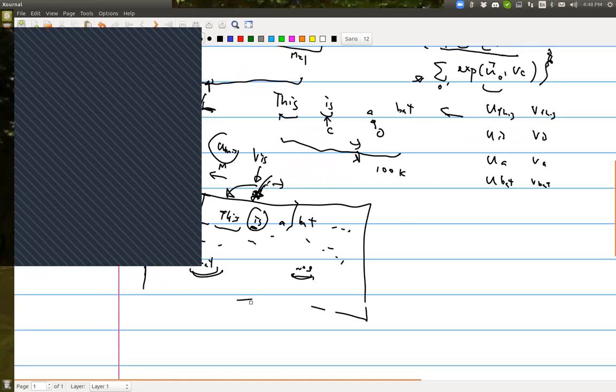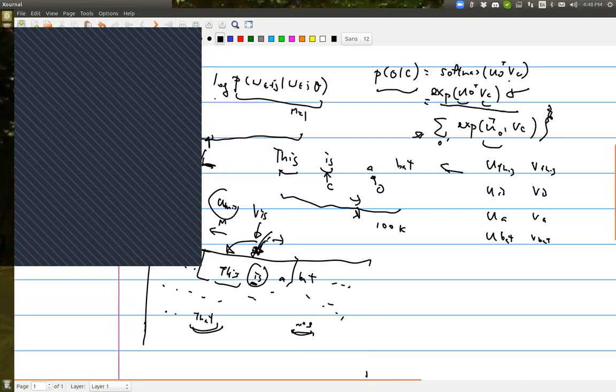So again, I have the loss here. I have a target word, which I call the center word C, and I have some outside word O, and the probability is given by the softmax of this expression.